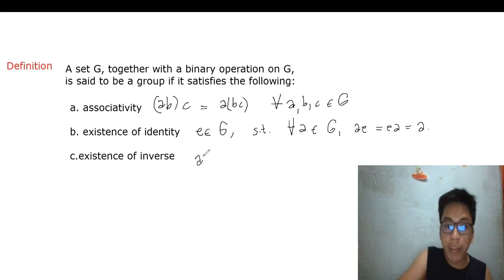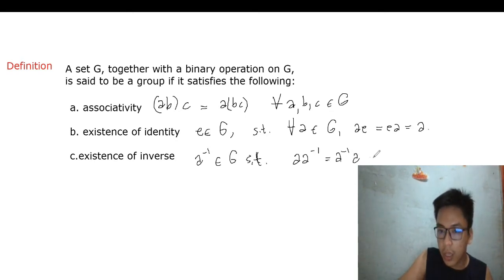That means for each A in G we can find an element, the inverse A⁻¹ in G, such that the binary operation of A and A⁻¹ is equal to A⁻¹A, which is equal to the identity. That holds for all elements in G.